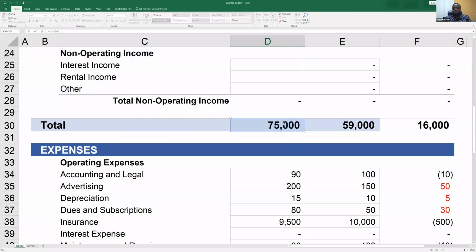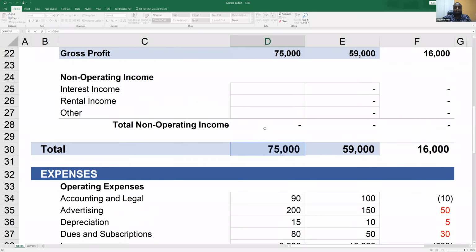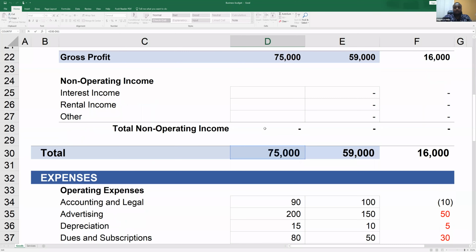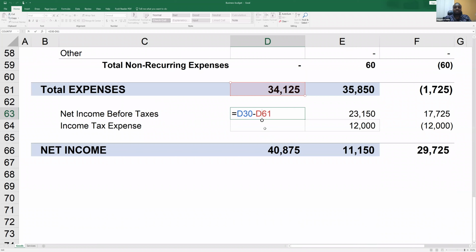Which is basically this total here. And remember, this total is the gross profit plus other non-operating income, less your total expense. It will now give you the net income before taxes.